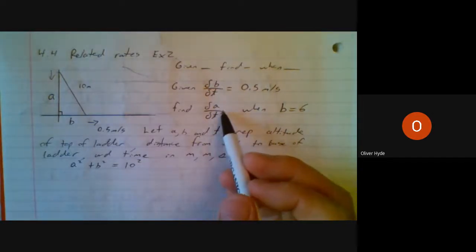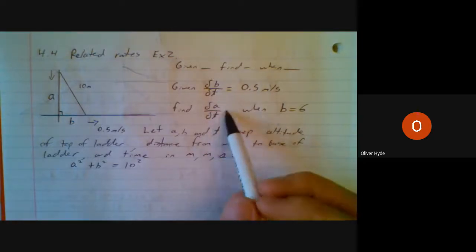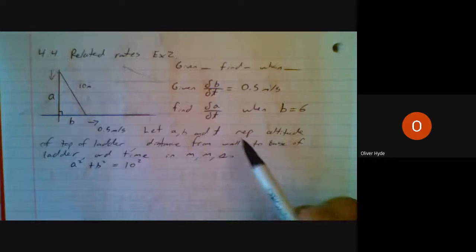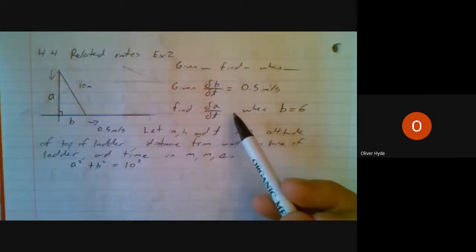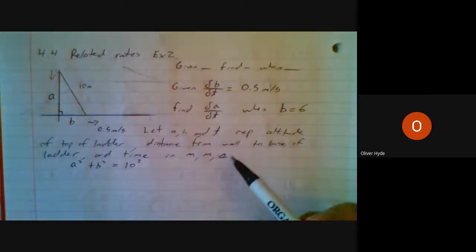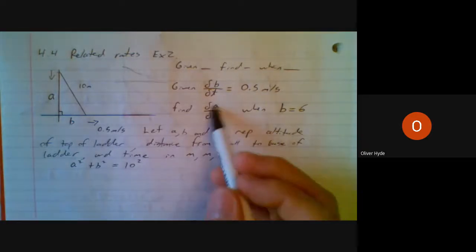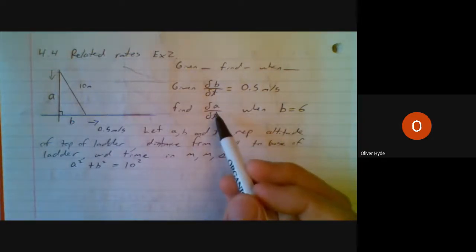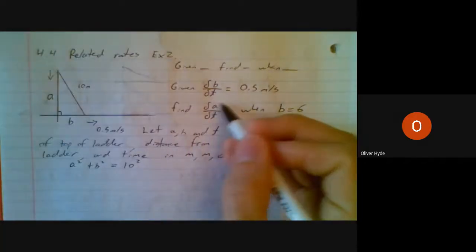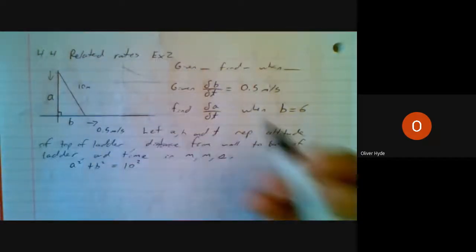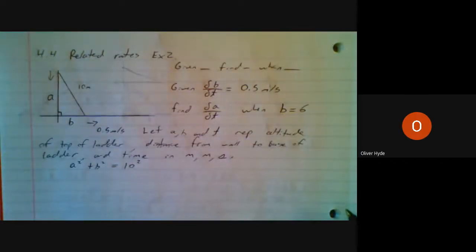The desire to isolate a usually comes from students just wanting to have a function for a, and then they want to find dA by dt, or like a prime of something. But if we're not using Lagrange notation, we won't feel that pressure to have this, if you want to call this the dependent variable, maybe we should have a chat about that. It's not really more dependent than any other.